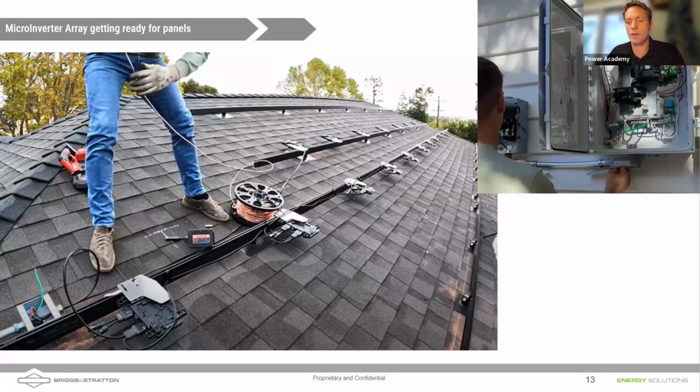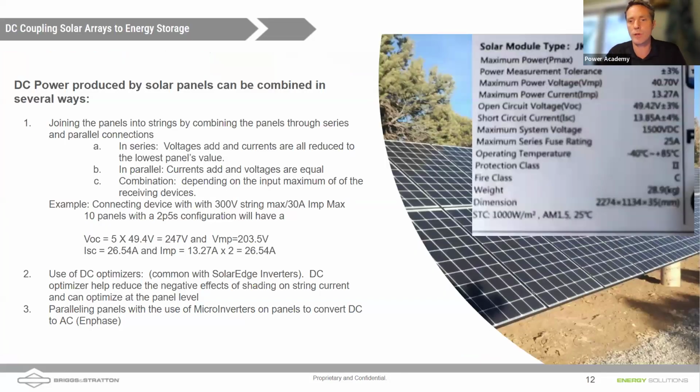So there are some advantages in that. If I go back a previous slide, you'll notice there's some shading on the panel that's closest to us in the picture. If we have a string of panels in DC, that shading can affect all of the panels farther down the string, because the current will be limited to the amount of current produced by that panel, which can be significantly reduced with shading if there's not a DC optimizer, if we don't have a way to bypass that particular panel.